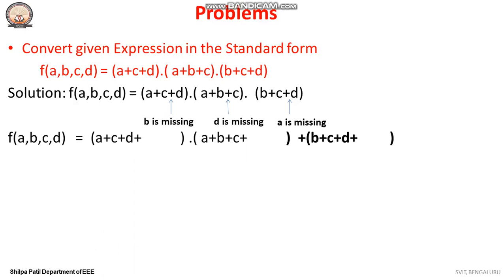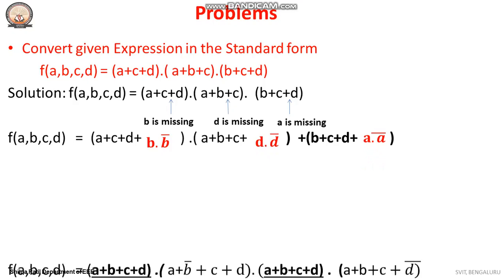So we will OR with a variable in each sum term. For the first sum term, we will OR with D ANDed with D bar. Then for the second sum term, we will OR with D ANDed with D bar, and for the third, A ANDed with A bar, right? Now we will expand this expression using the distributive law.